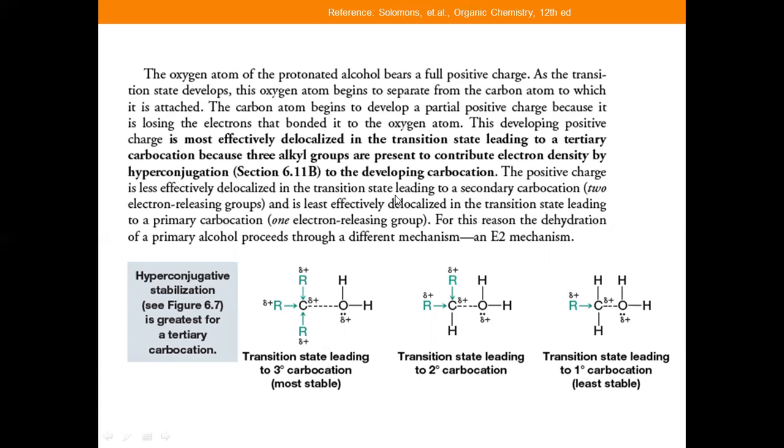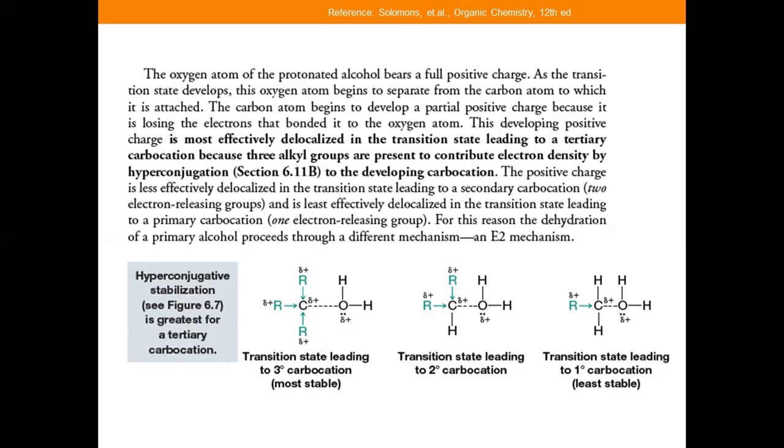It stabilizes. So the developing positive charge is most effectively delocalized in the transition state leading to tertiary carbocations because three alkyl groups are present to contribute the electron density by hyperconjugation. So what is the hyperconjugation? We have already discussed hyperconjugation before.